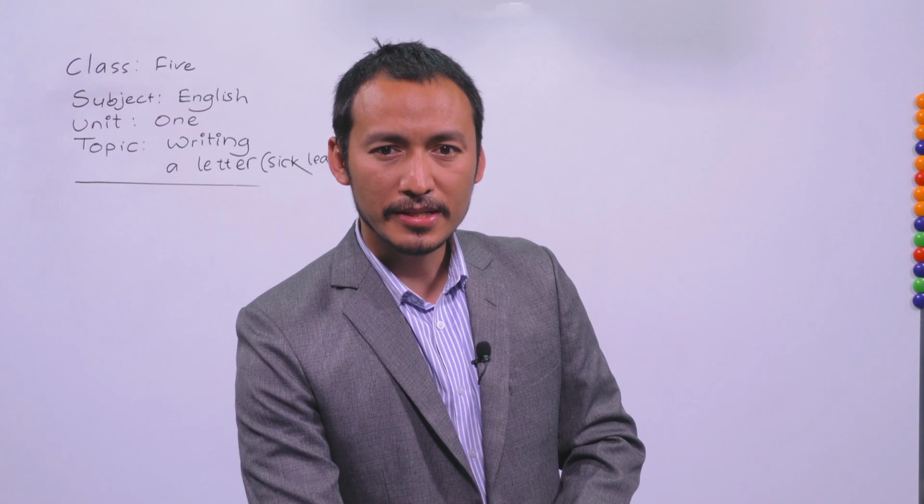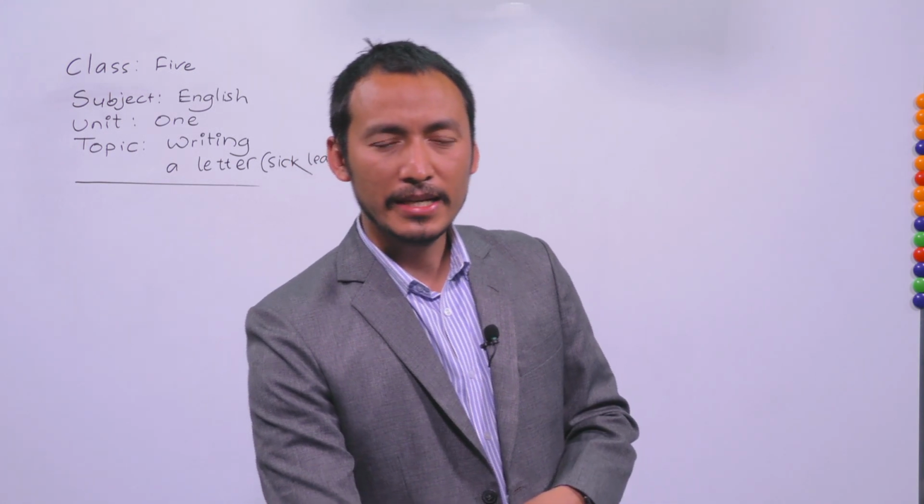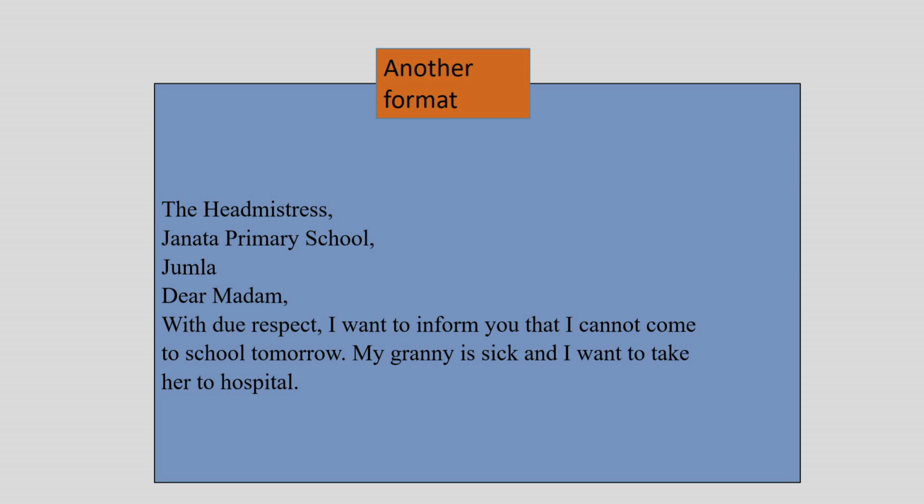Let's see another format here. Sometimes we see the date and the closing lines written in another part. To make it clear, sometimes we write the address and the date on the right side, on the top right corner of your page or copy. Do you understand now?